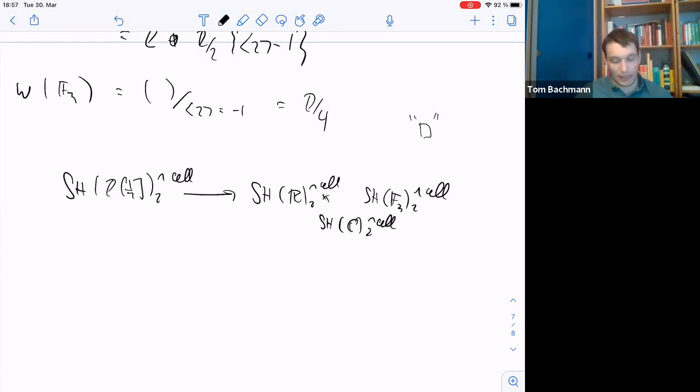And you would ask if that is an equivalence. What I said is essentially equivalent to saying that this is fully faithful. For a while, I thought that I could prove that it's also essentially surjective, but eventually I failed. So I suspect that this is not essentially surjective, but I'm not 100% sure.